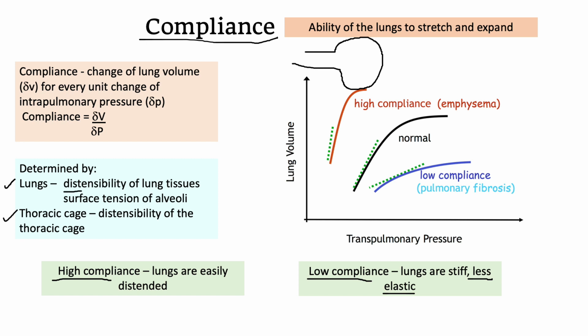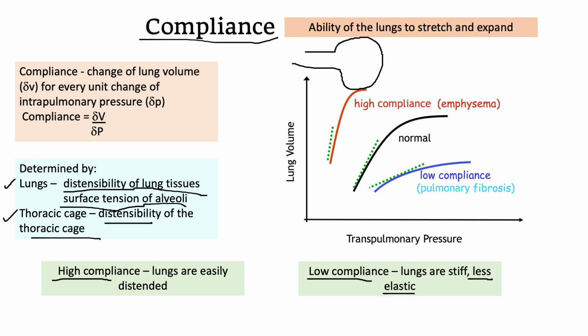Lung tissue is distensible because of the presence of elastin and collagen, and also because of the surface tension of the alveoli. For the thoracic cage, it is due to the distensibility of the thoracic cage itself, the sternum, the ribs, and then the muscles in between the ribs.